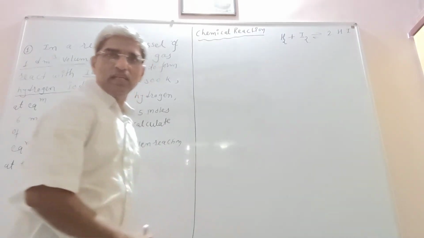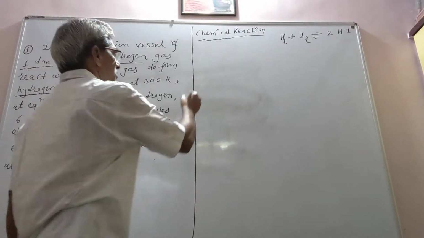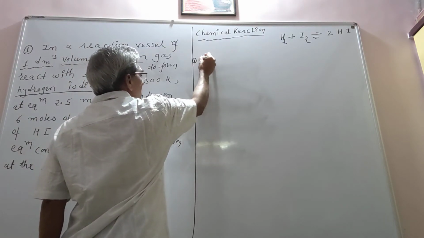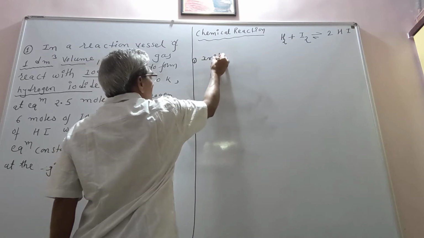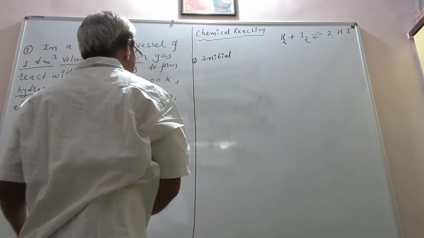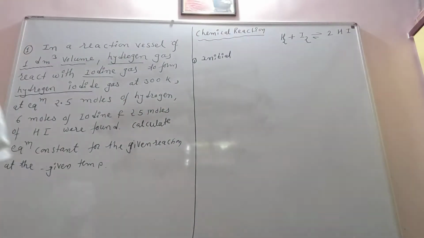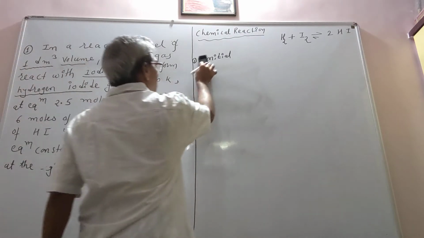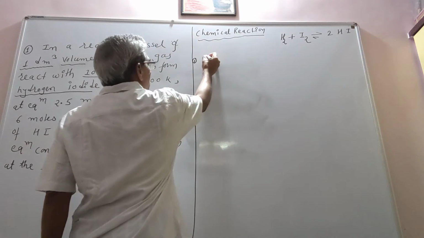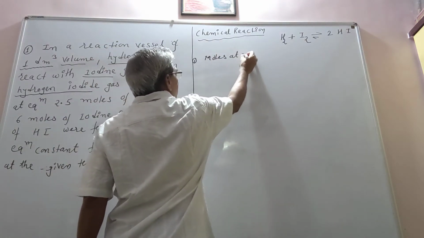This is the given reaction from the given numerical, right? Then these are the 3 points. Point number 1, initial moles are not given, directly moles at equilibrium.